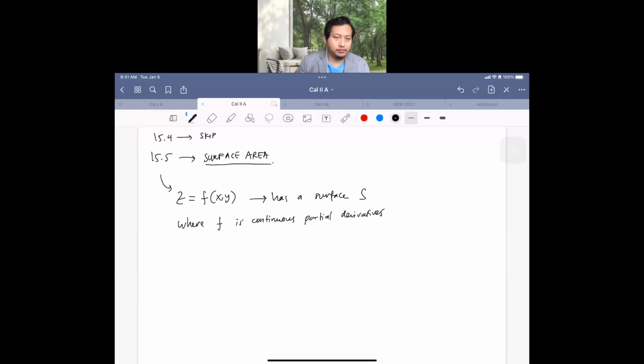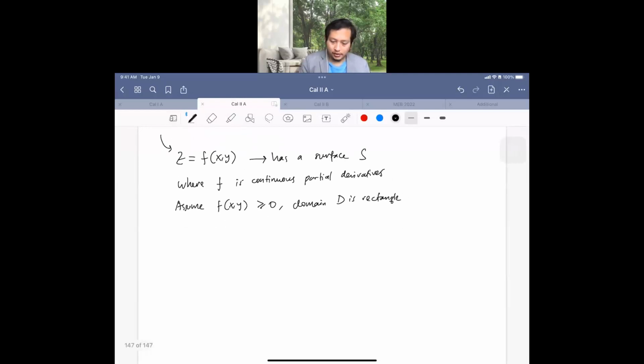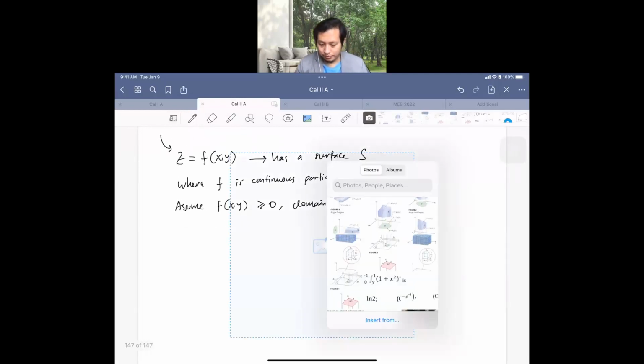We know this from the beginning of chapter 15 and 14. And assume that the function is positive and the domain D is a rectangle. Let me go through which part here of this.